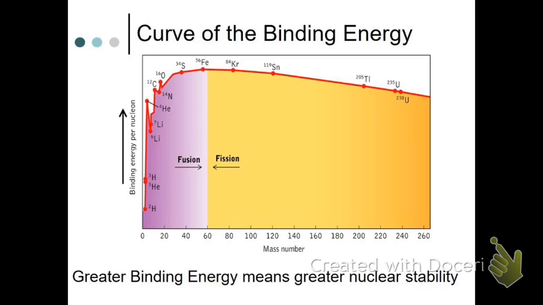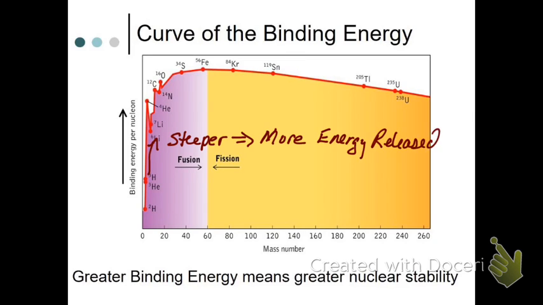All right, so moving back to the curve of the binding energy, we're going to look at the left side of the curve in the kind of the purple area. And this side of the curve, what we'll notice is that the increase in the binding energy occurs as we go from small to larger nuclei.